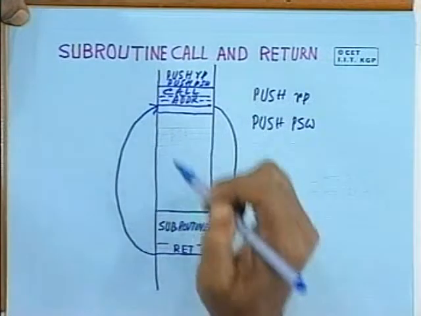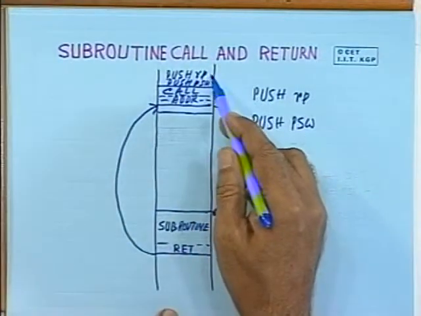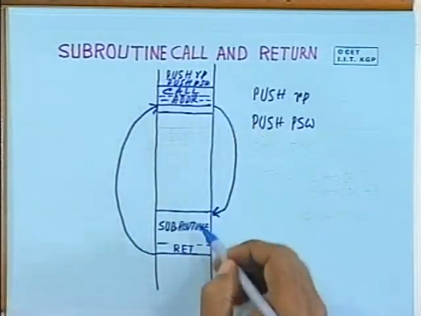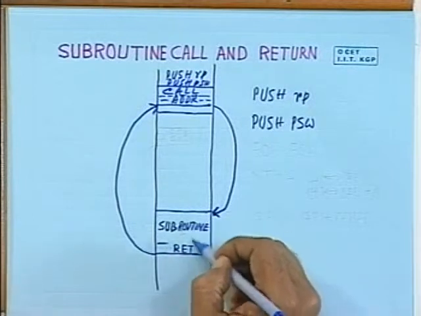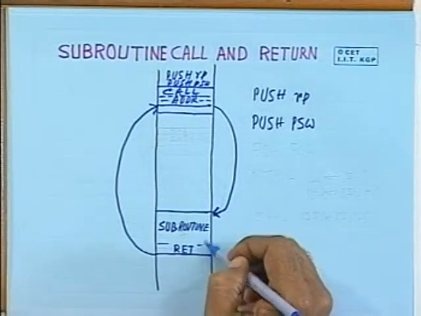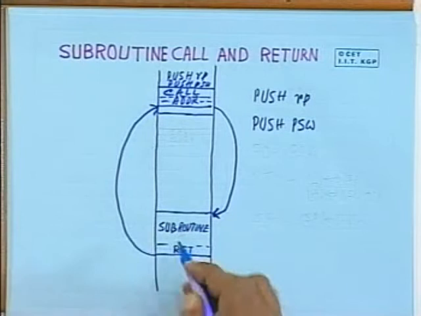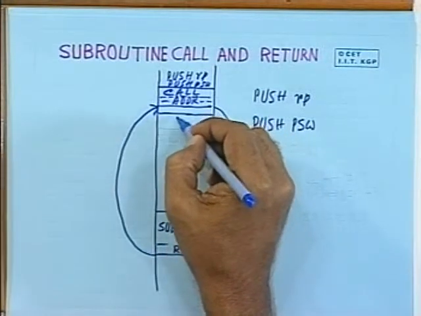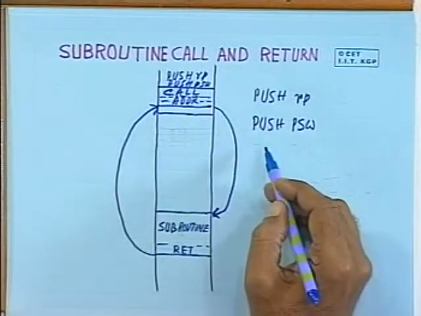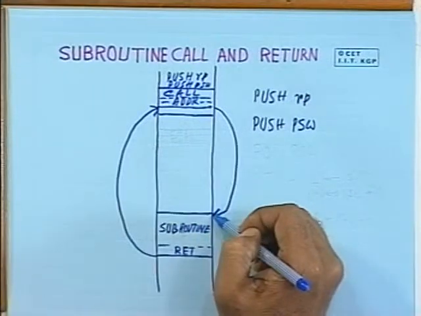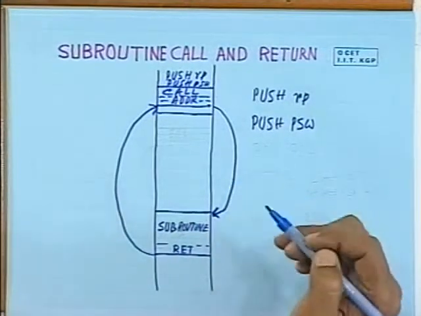So you must do that, otherwise the information stored there will be lost as you execute the subroutine, because the subroutine may be using those same registers and they will be modified. That means whenever you go to the next part of the program, you may not get the proper values. How will you get them back?